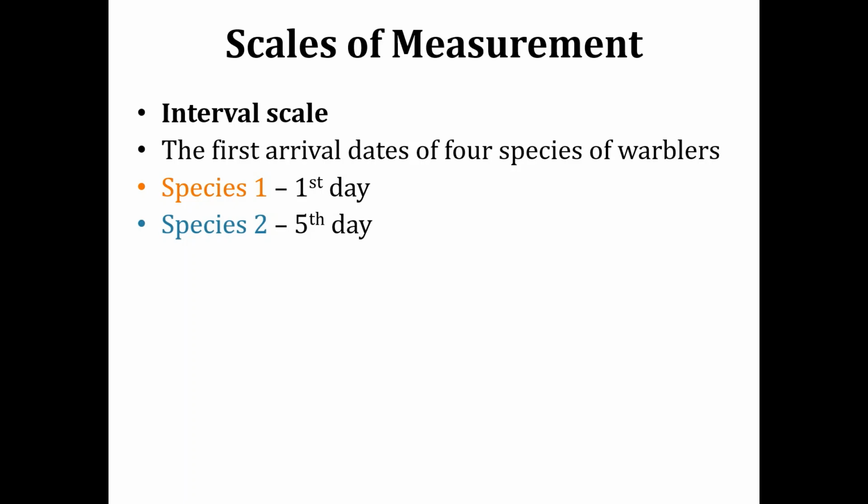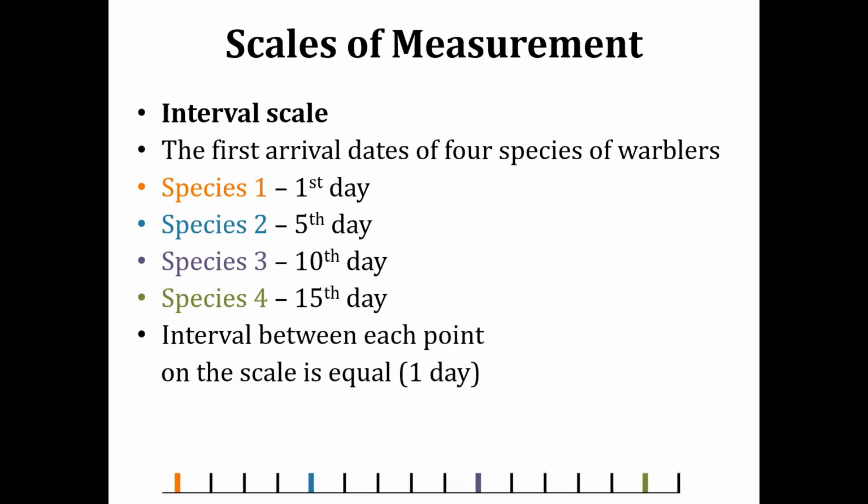So the species 2 is arriving on the 5th day, and then species 3. So the first member of the species 3 is arriving on 10th day, and the first member of the species 4 is arriving on 15th day. So here we have our interval scale, and you can see that the interval scale in this case is comprised of the units, which are 1 day.